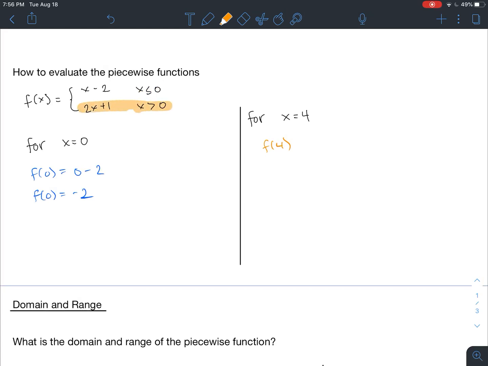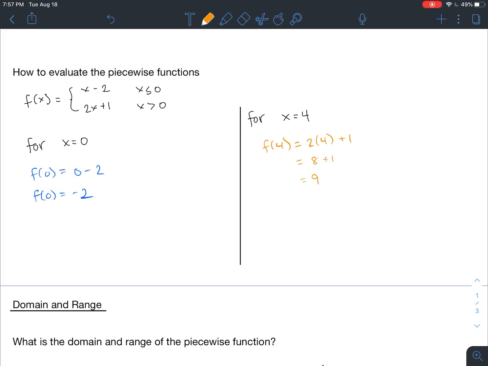But this piece of the function is for positive numbers, and we have a positive number. So we're going to plug 4 into that part of the function. So 2 times 4 plus 1 is equal to 8 plus 1, which is equal to 9.